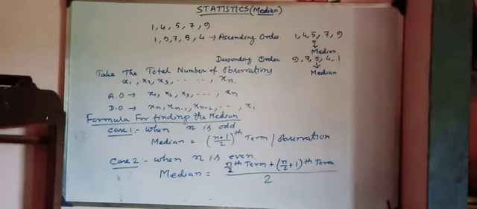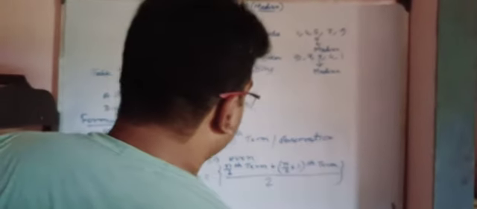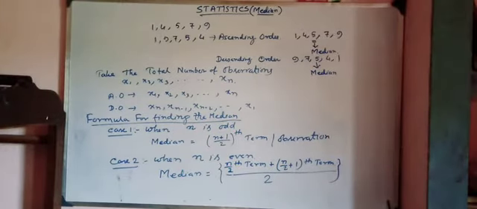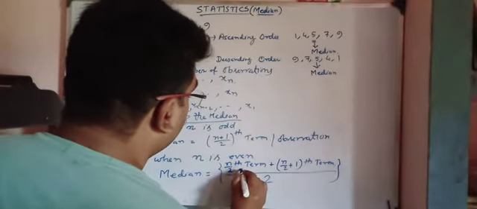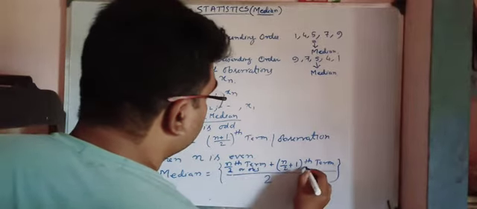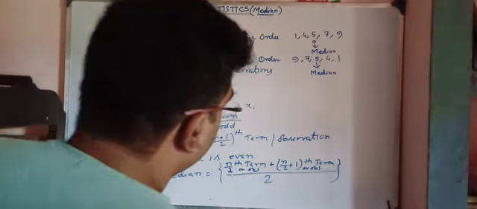This is the required median. Understood that? So these are the n by 2 th term or observation. That will be my median.